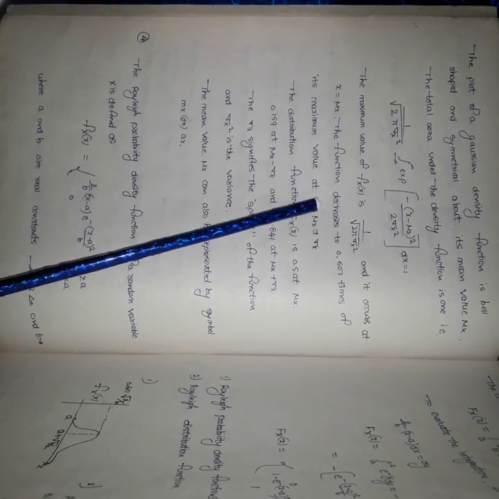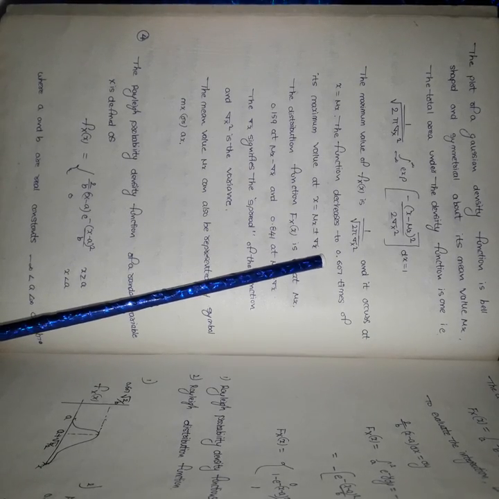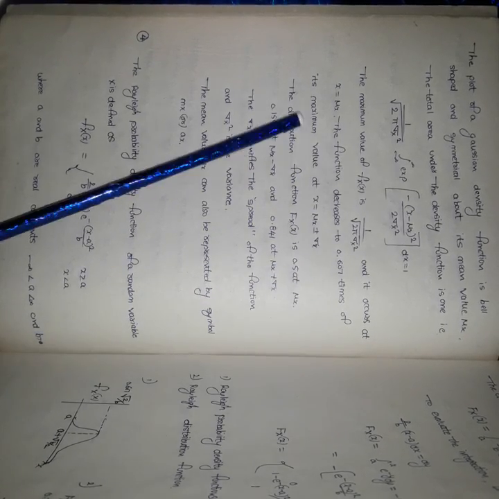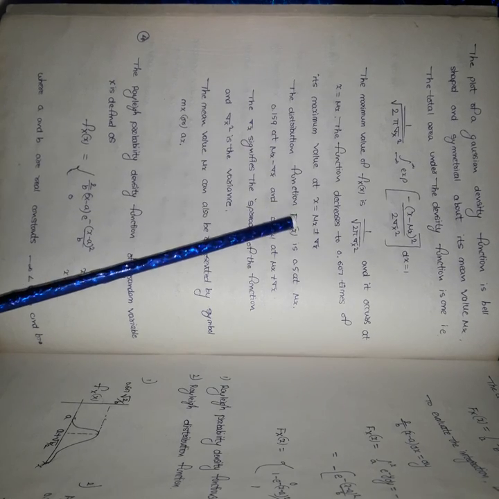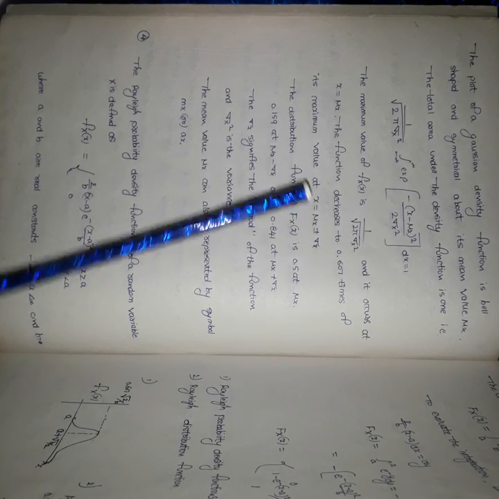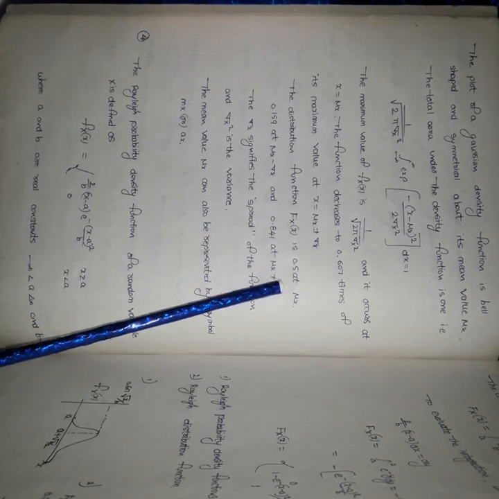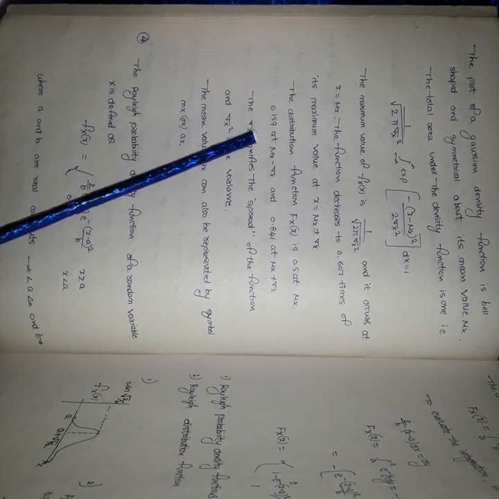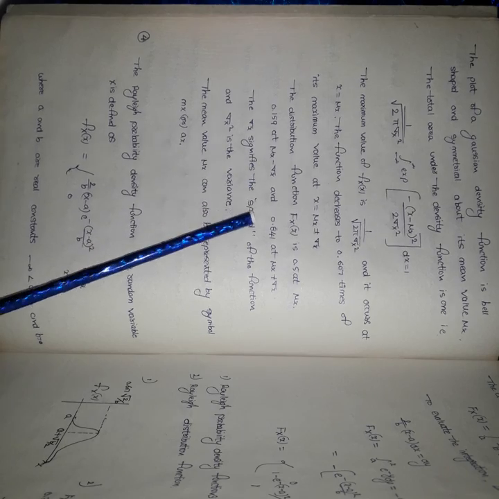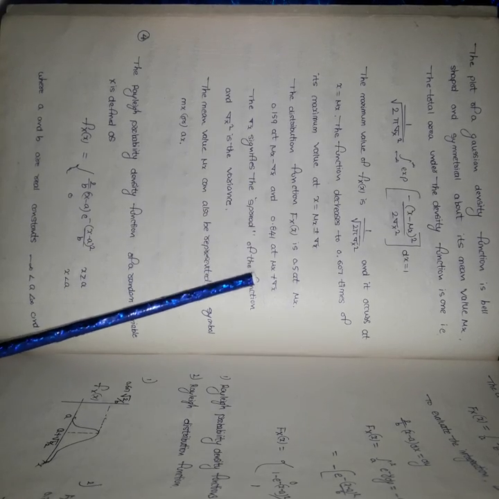The function decreases to 0.607 times its maximum value at x equal to mu x plus or minus sigma x. The distribution function F x of x is 0.5 at mu x, 0.159 at mu x minus sigma x, and 0.841 at mu x plus sigma x.